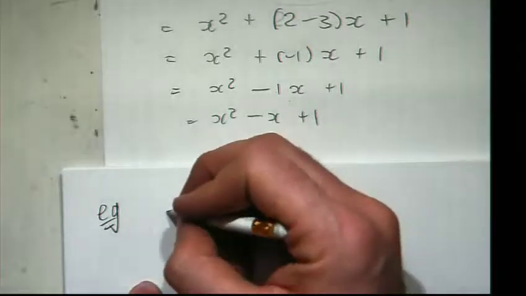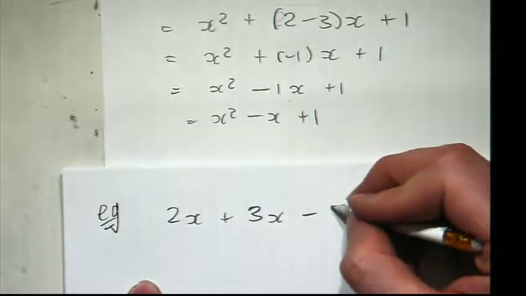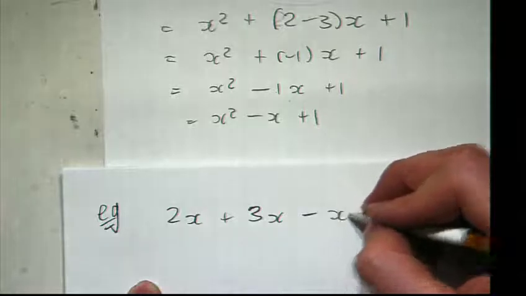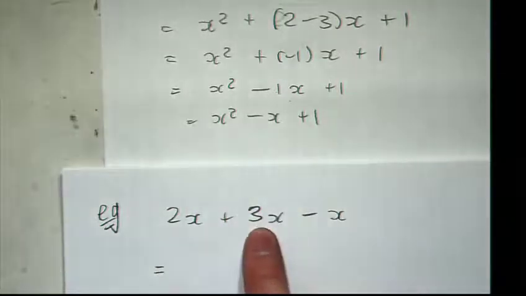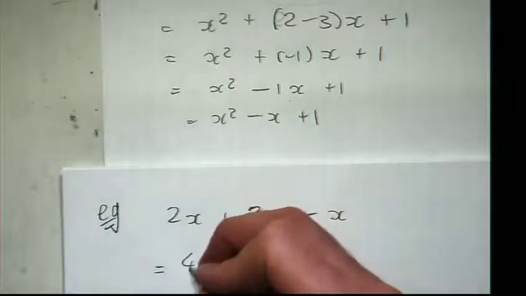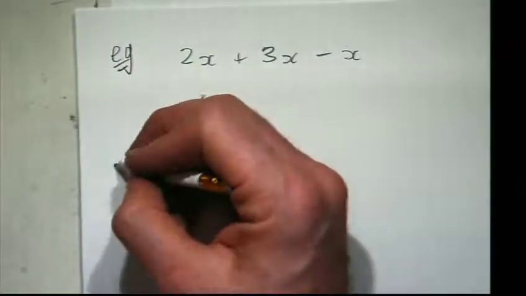So I can go 2x and 3x would be 5x, minus an x would be 4x. And they just get used to just pulling things together like that. And they also get used to just dealing with the negative numbers coming out when they have answers.